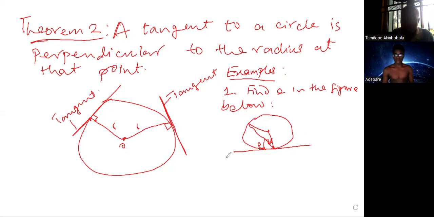Okay. Now, the question said we should find E. So how do we go about that? First, we label the right angle. So let's label it first to make it easy.